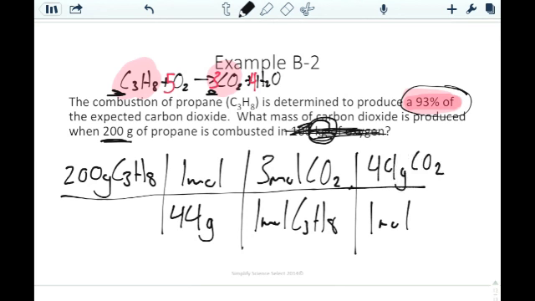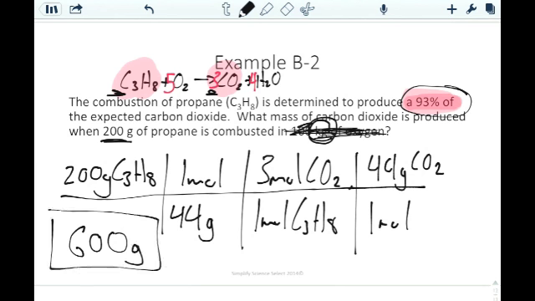So multiply everything out, and we should get something right around 200 times 3 times 44, all divided by our 44, and we should get something right around 600. So we get 600 grams, and that's how much CO2 is produced.